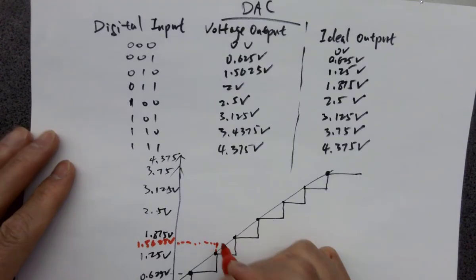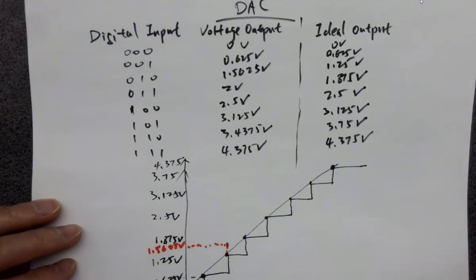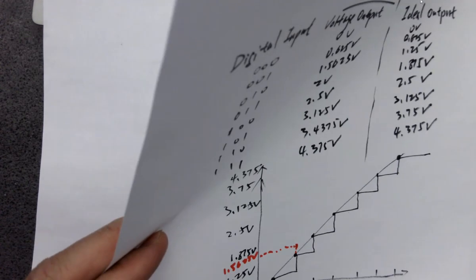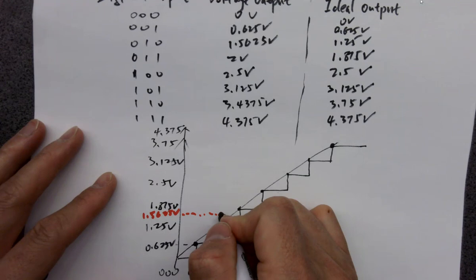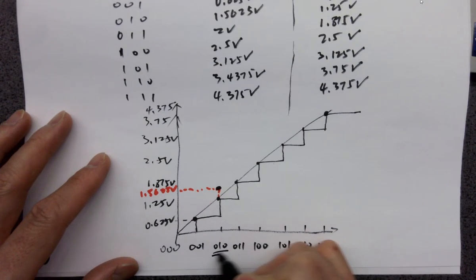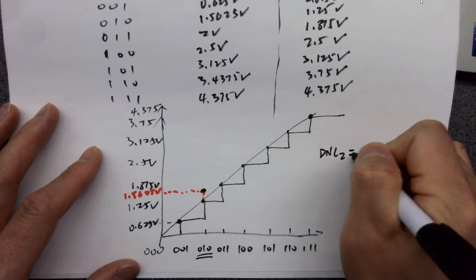This involves two different terms, calculated in two different ways. The first one is called DNL, and the second one is called INL. Now let's see how they are calculated. For this point, for DNL, you look at the digital input, number 2, so it's labeled as DNL 2.